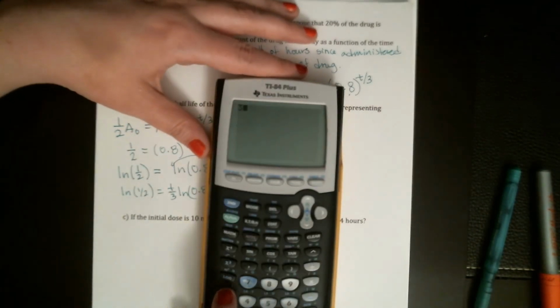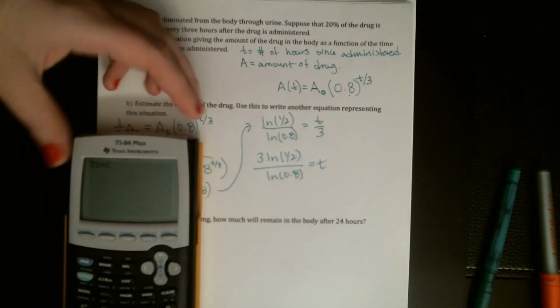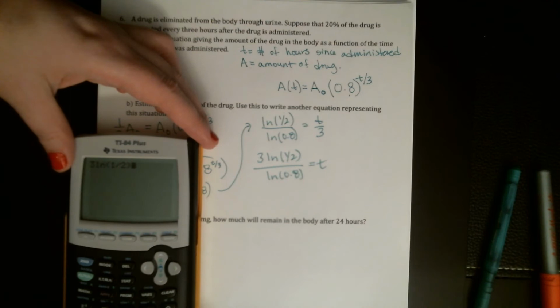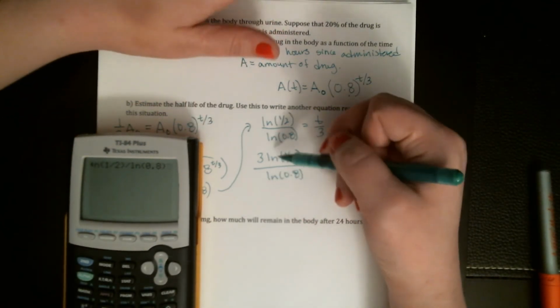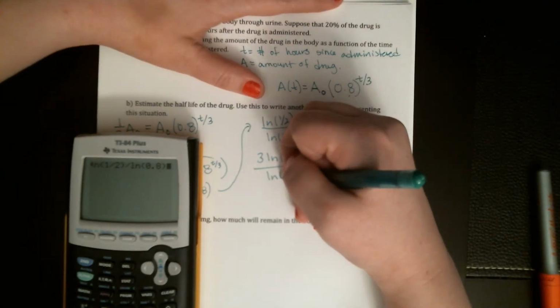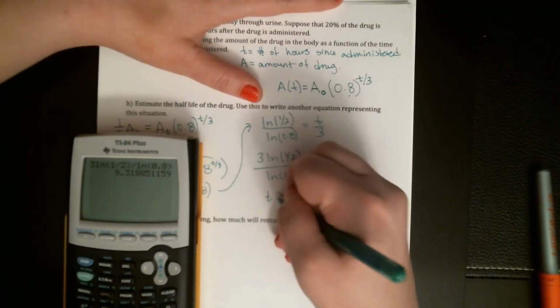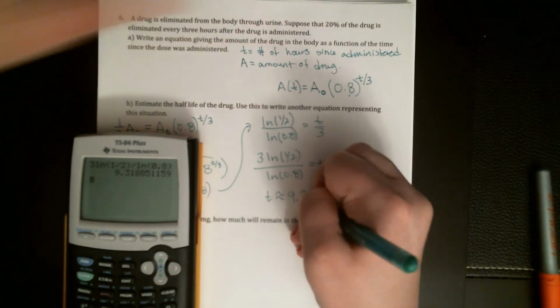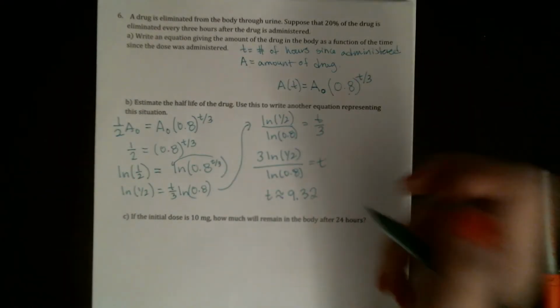So we're going to go ahead and use the natural log button down here right next to the number 4. 1/2, natural log. Okay, make sure you don't try and cancel out natural log. Natural log on its own is not a number, it's a function, so it doesn't cancel. These are not attached by multiplication, so we do have to type that whole thing in, and I'm getting approximately 9.32, and this is time in hours.